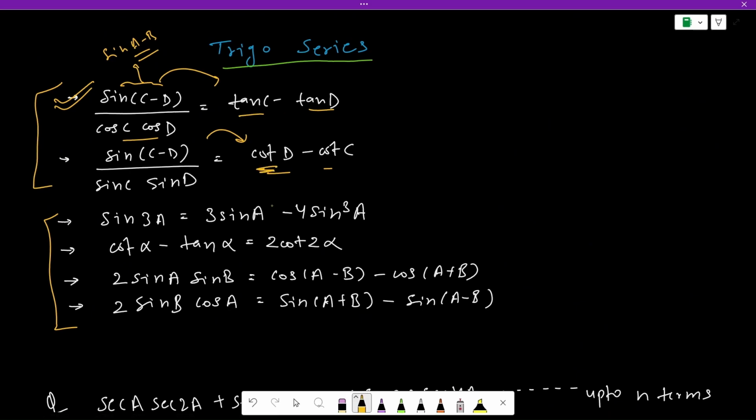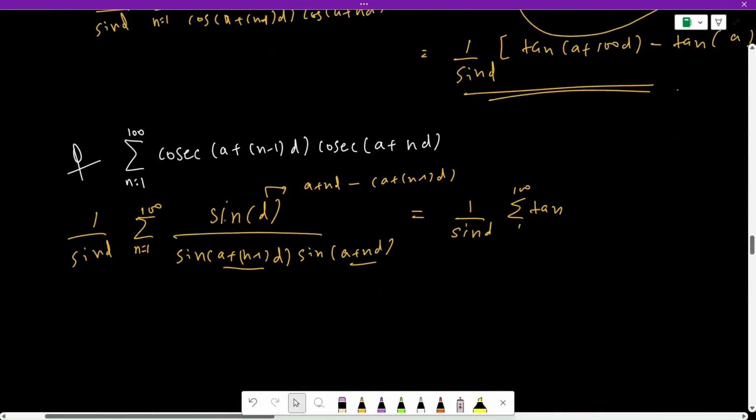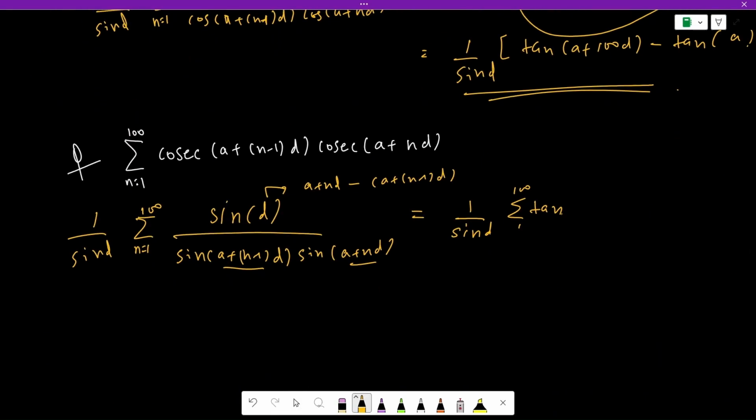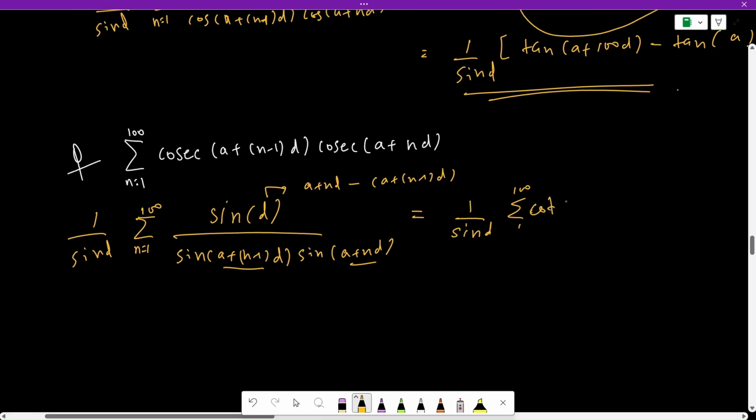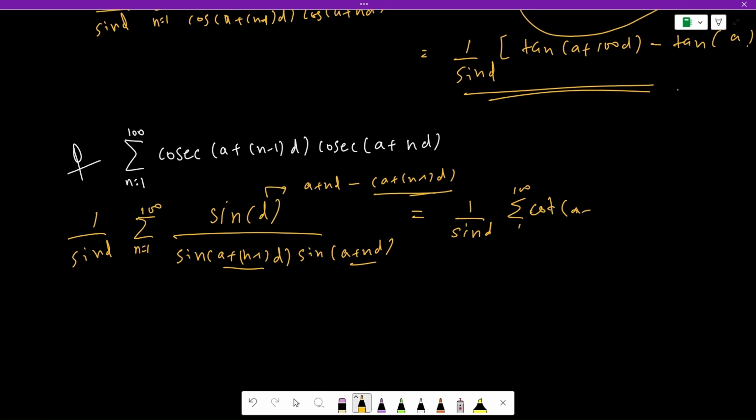And in cot also the negative part comes first, and then you will get the other part. So this will be cot of a plus (n minus 1)d minus cot(a plus nd).